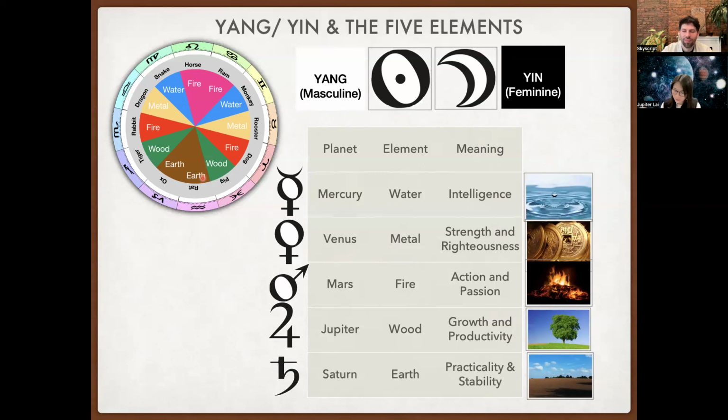Let me check. Yes, this is the water element. So the air signs in Western astrology become water elements in Chinese astrology. Maybe they represent intelligence. I think the common ground is that it is about intelligence, cleverness, and communication.